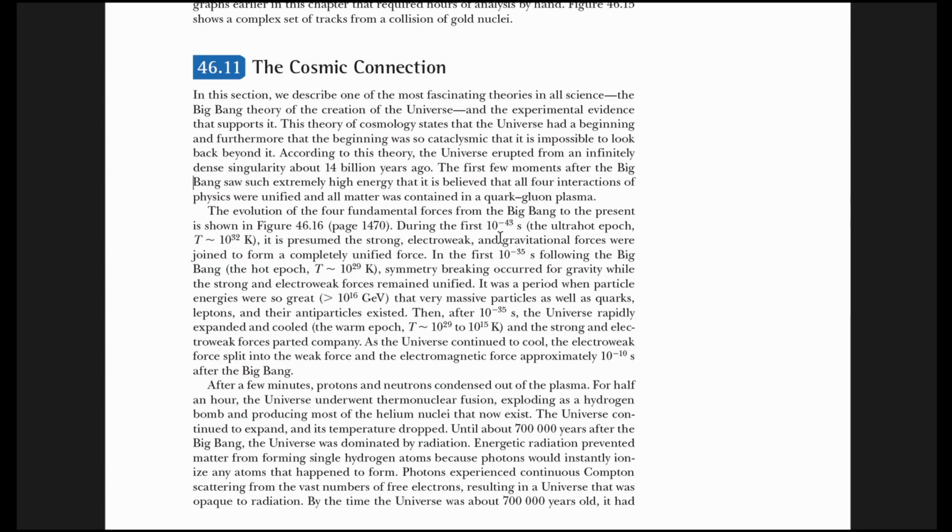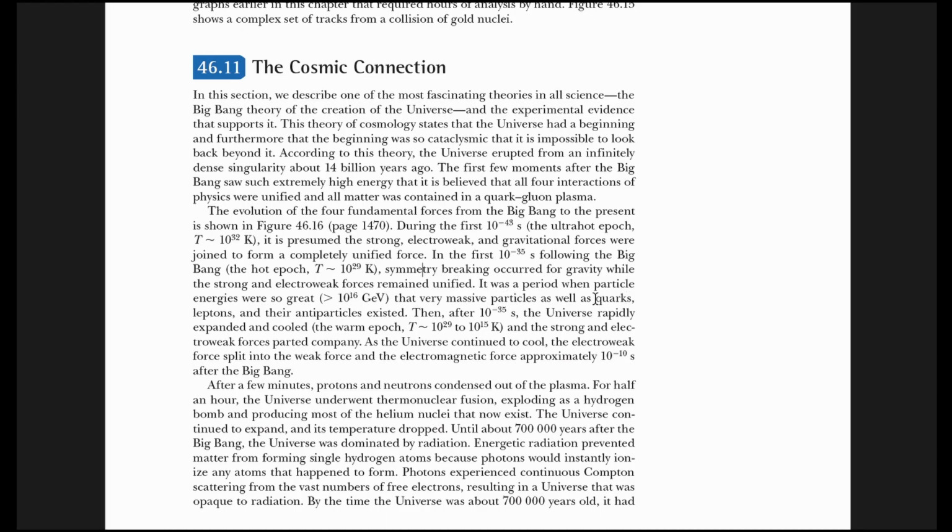During the first 10 to the minus 43 seconds, the ultra-hot epoch, T equals 10 to the 32 Kelvin, it is presumed the strong, electroweak, and gravitational forces were joined to form a completely unified force. In the first 10 to the negative 35 seconds, so a little amount of time after this ultra-hot epoch, following the Big Bang, the hot epoch, temperature equals 10 to the 29, symmetry breaking occurred for gravity, while the strong and electroweak forces remained unified.